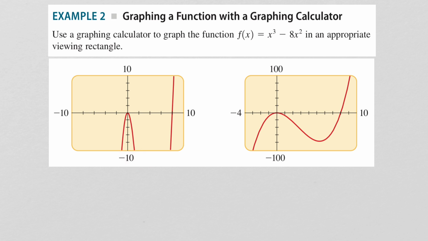So for example, over here, you can see we have Y values from negative 100 to positive 100, and we have X values from negative 4 all the way to positive 10. And this same function, when viewed in this rectangle, gives you a much better picture of what's going on. So even if you're using a graphing calculator, you still have to know some things about graphing the function in order to be able to see a good picture.